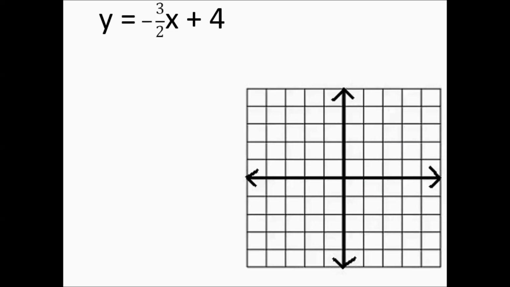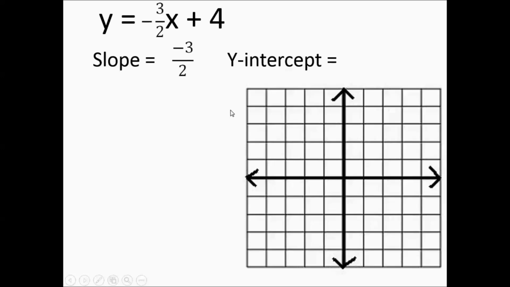And here's another one. Now some kids might panic and see an improper fraction. Not a big deal. Just go with what you've learned. So we've got our slope being -3/2, our y-intercept being 4. Once again, I took that negative sign and just threw it up with the top number. You could have thrown it with the bottom, but not both.